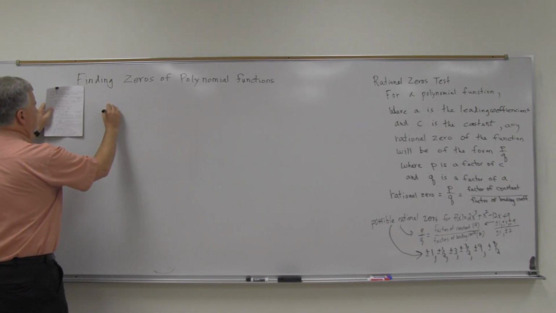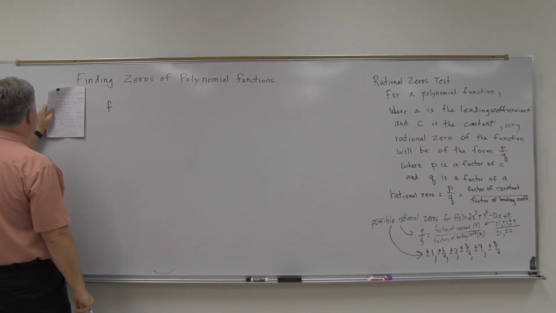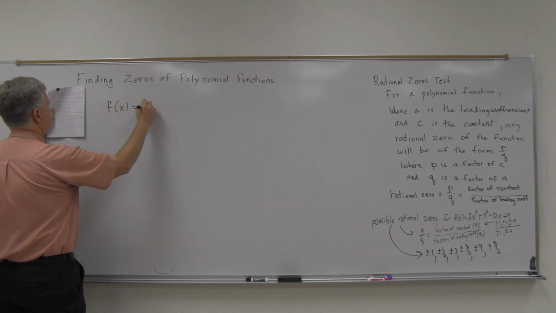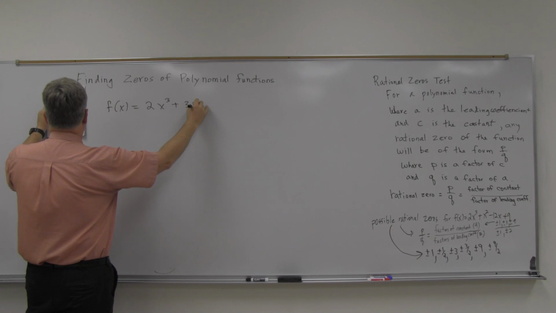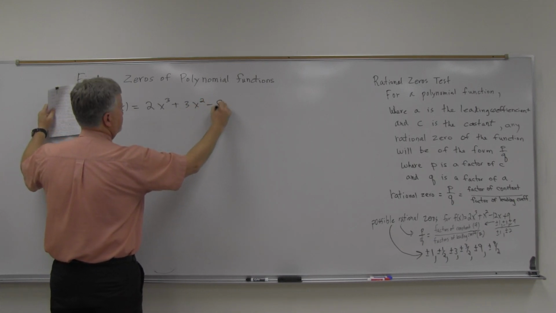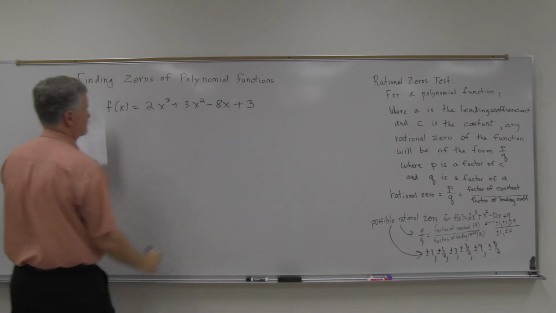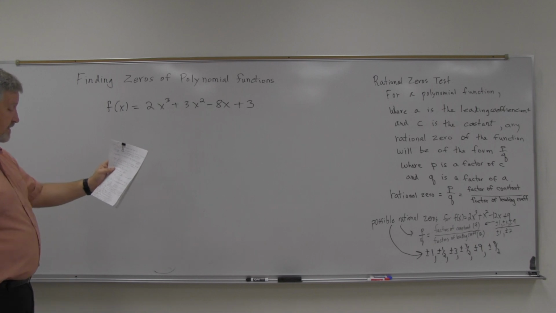Okay, so let's take a function here. It's f of x equals 2x cubed plus 3x squared minus 8x plus 3. Make sure that's right. So I've got my paper, so we'll go with that.